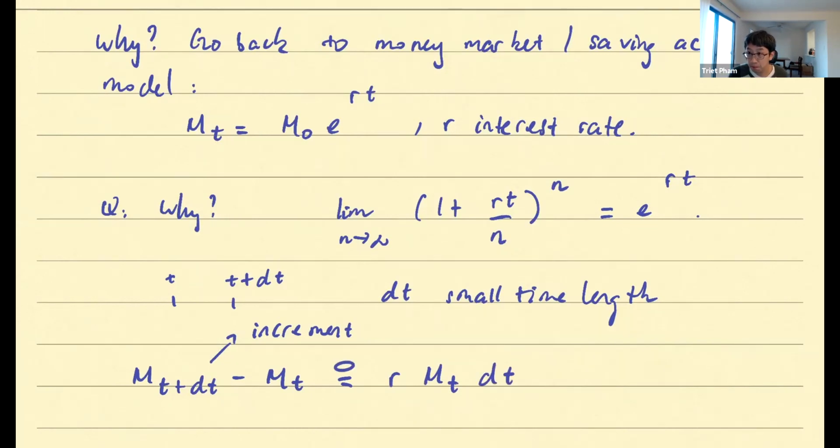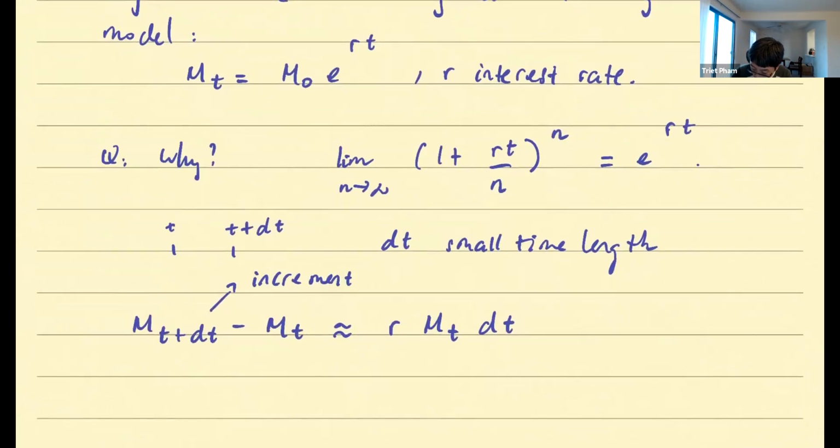That's all saving means. And this equation is an approximation, because it only holds for a short time interval. But if you push dt to 0, then this equation gets precise.